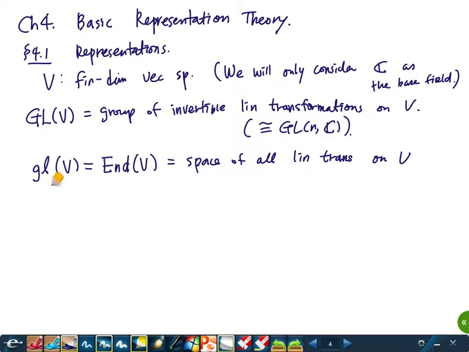And this becomes a Lie algebra if you define the Lie bracket in the usual way, [X, Y] = XY - YX, where this multiplication is a composition of maps. X and Y are linear transformations, so we can compose them and subtract them. This is a linear transformation on V again, so this is a well-defined map, and this makes gl(V) a Lie algebra.